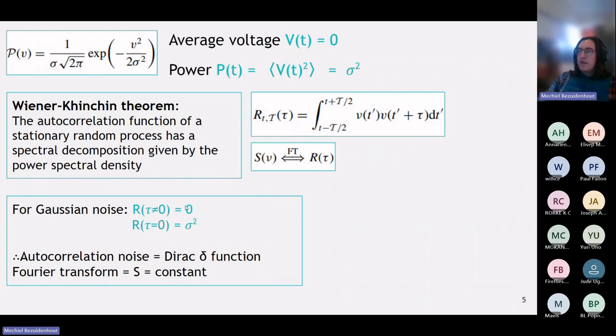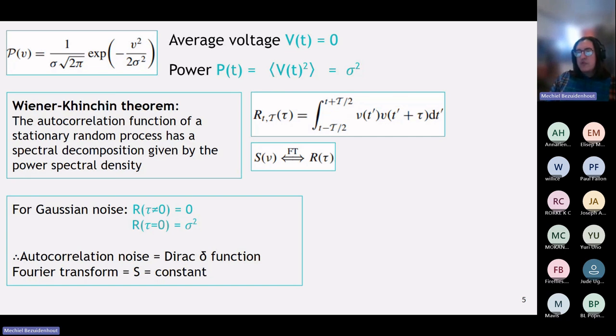So it will be a value of 0 everywhere except at tau equals 0, where it will have a value equal to the power of the signal, equal to the voltage squared or the standard deviation squared. That means that the autocorrelation function for noise will give you a Dirac delta function. It's 0 everywhere, except at one point at tau equals 0, it has a value of v squared.